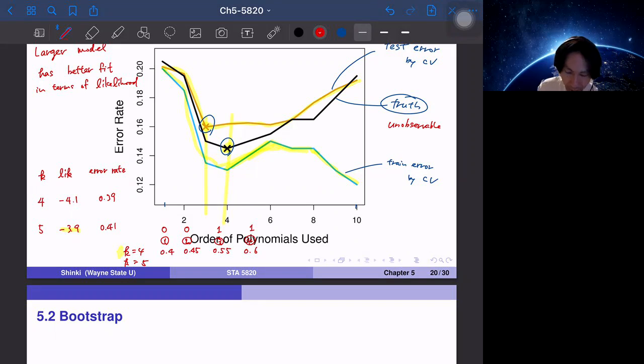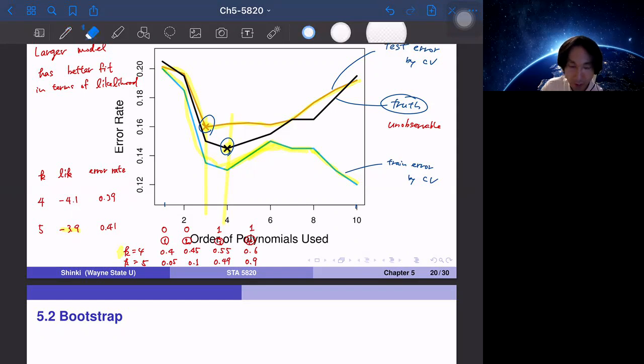But if k is equal to 5, then we may get a better prediction, such as 0.05, 0.1, then maybe 0.49, and 0.9. In that case, the likelihood is probably higher for k equal to 5, but k equal to 4 has the lower error.